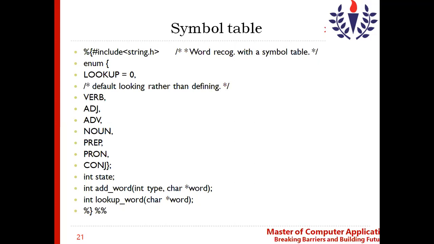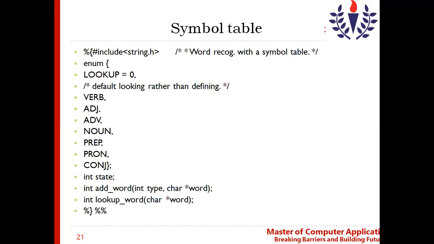And we have a variable called state, and the functions declared here are add word and lookup word. Add word is meant for adding the words into the linked list, and lookup word is meant for traversing the linked list, which is nothing but searching for the word in the linked list. So this function declaration and variable declaration we do in the definition section.